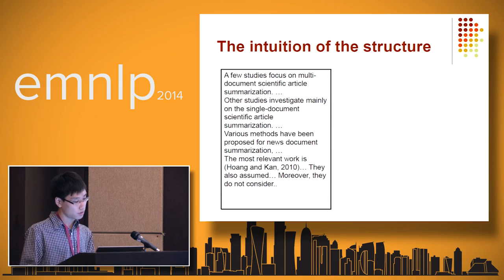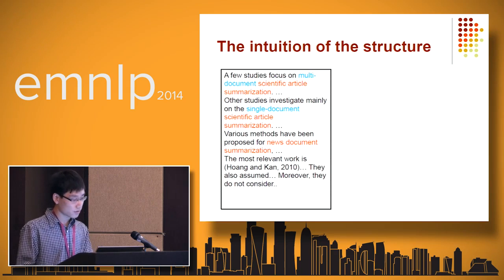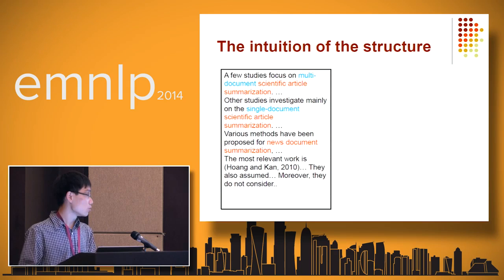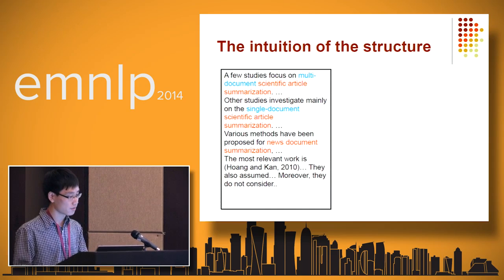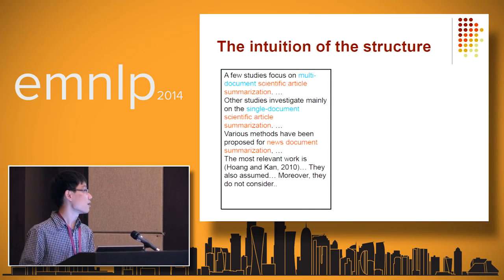So we can find that this related work section provides the background knowledge of summarization, and mainly talks about two different topics. The first is scientific article summarization, and the next one is news document summarization.